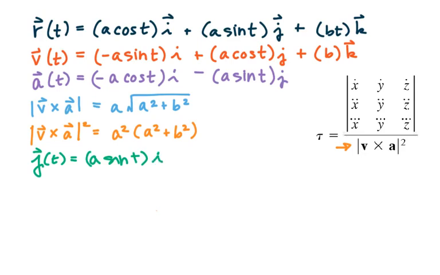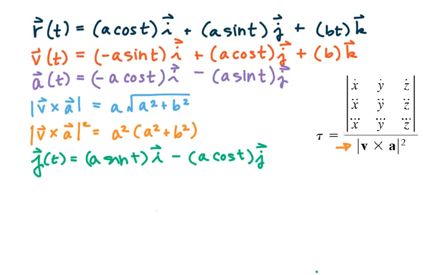The derivative of sine is negative cosine, so regular cosine, but minus A cosine t, j. I've left off a lot of my vector symbols. I'm just going to throw all those in there because we all know i, j, and k are vectors.